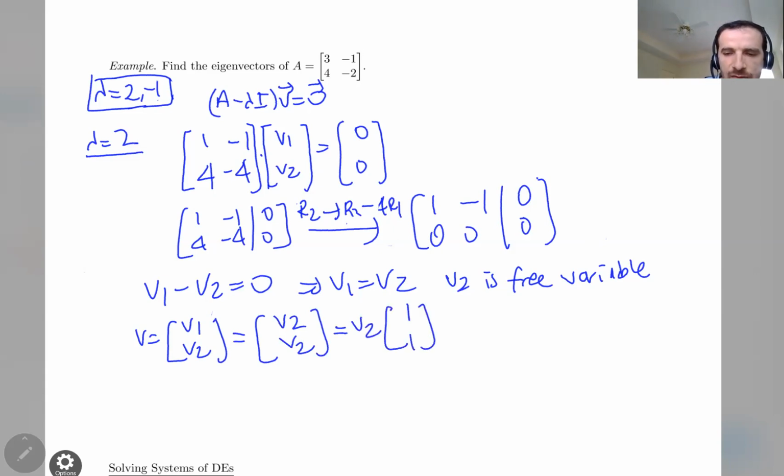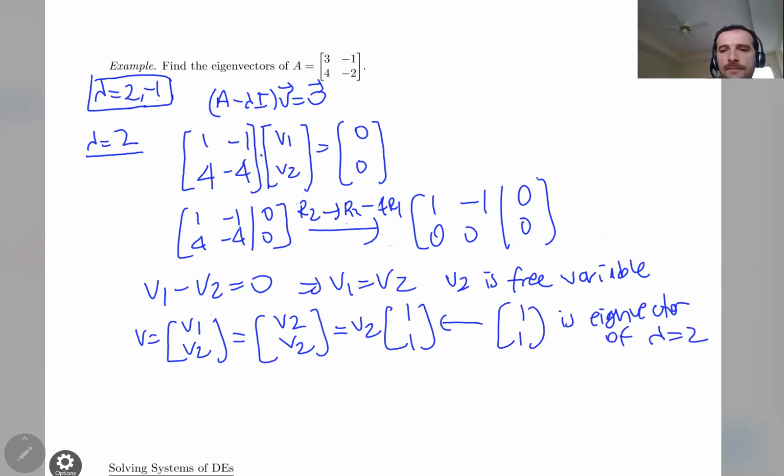Yes, this 1, 1 vector is our first eigenvector, okay? So 1, 1 is the eigenvector of lambda equal to 2, okay? This is how you find eigenvectors.